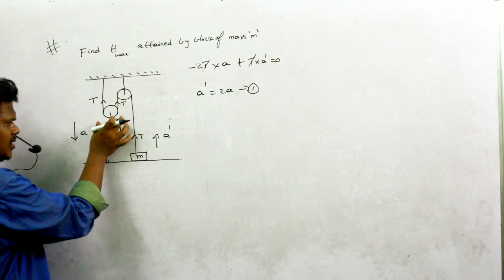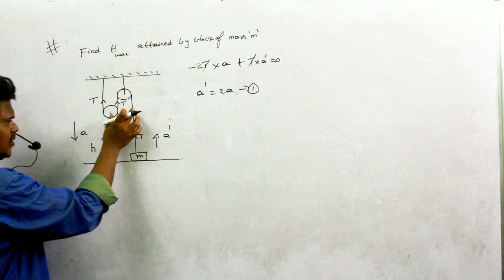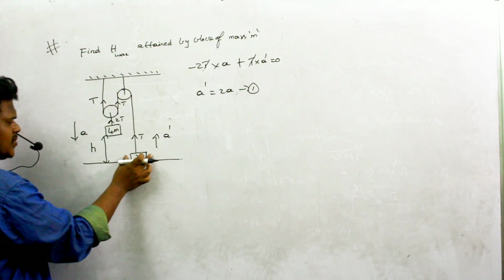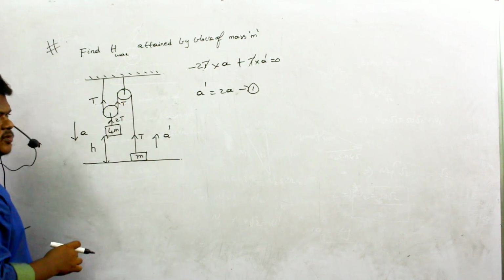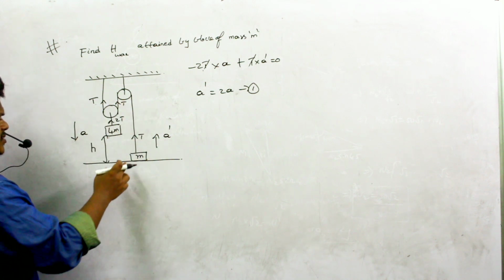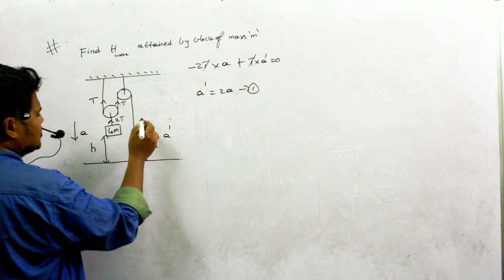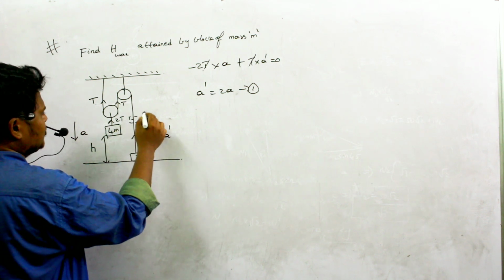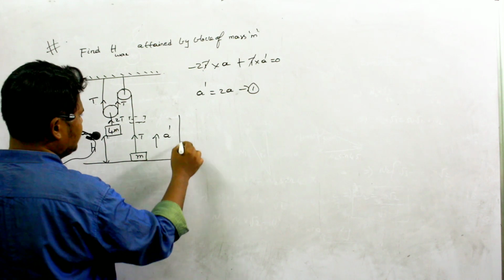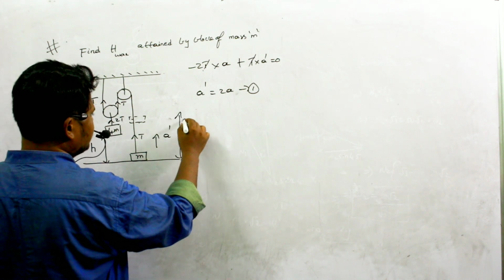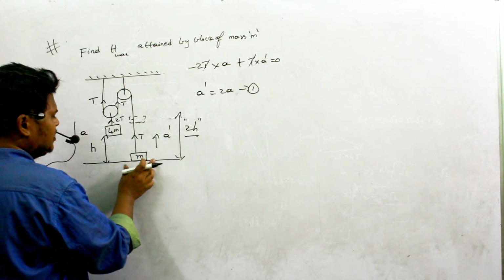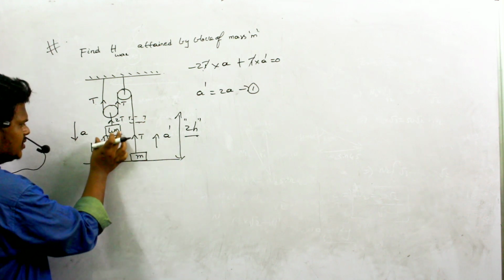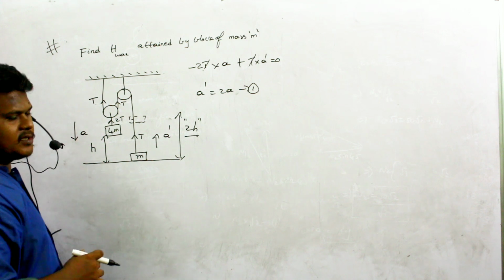So this mass will move upwards by 2h. For example, if this is h, this body may move up to here, and this height I can consider to be 2h. So this is the height traveled by mass m by the time 4m touches the ground, which is at a height of h.